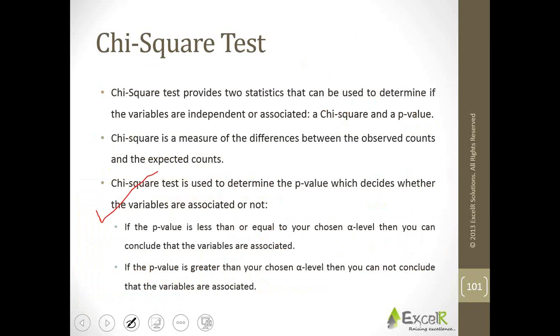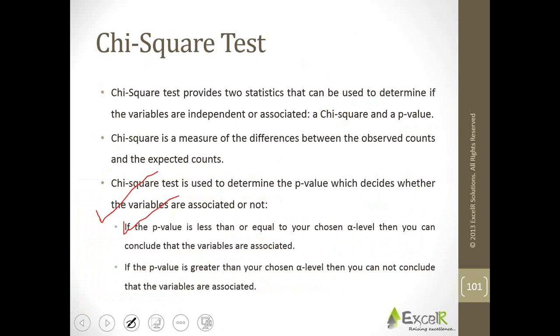Next comes the chi-square test. The chi-square test is used to determine the p-value, which decides whether the variables are associated or not. If they are associated, it is called being homogeneous. If it is not associated, it's called non-homogeneous or heterogeneous.